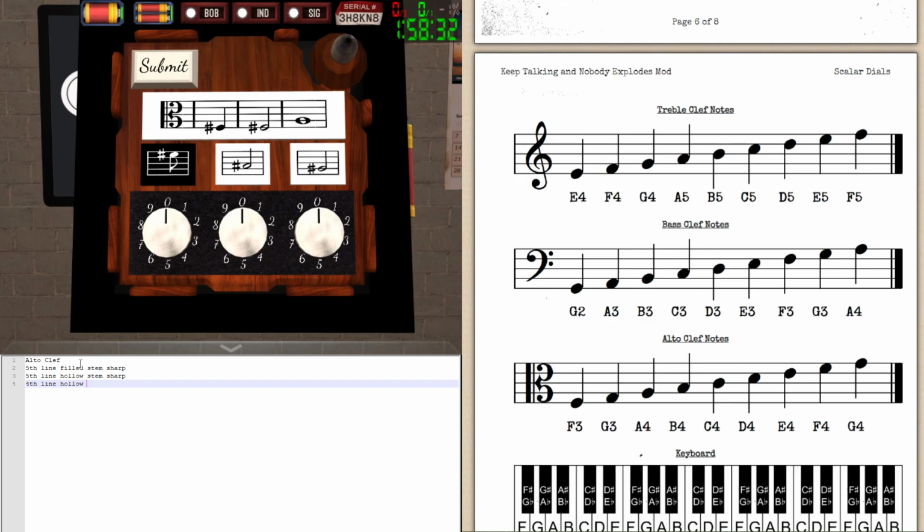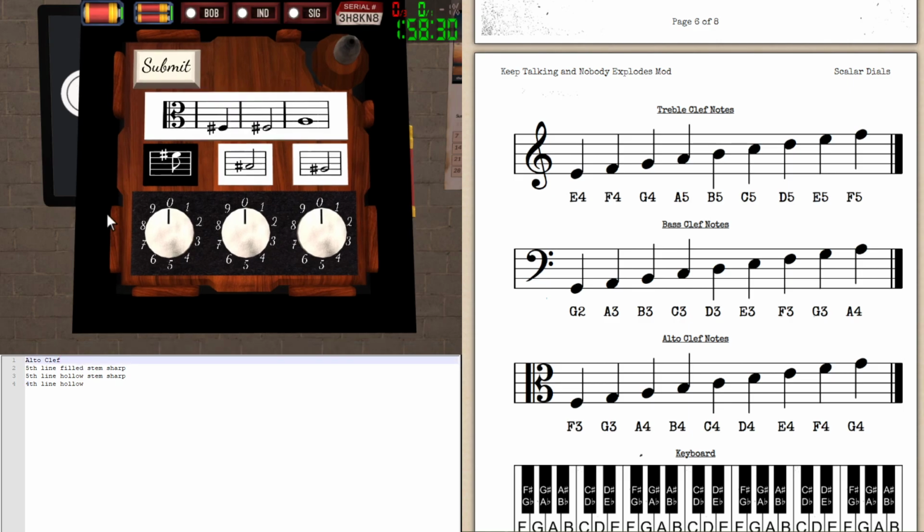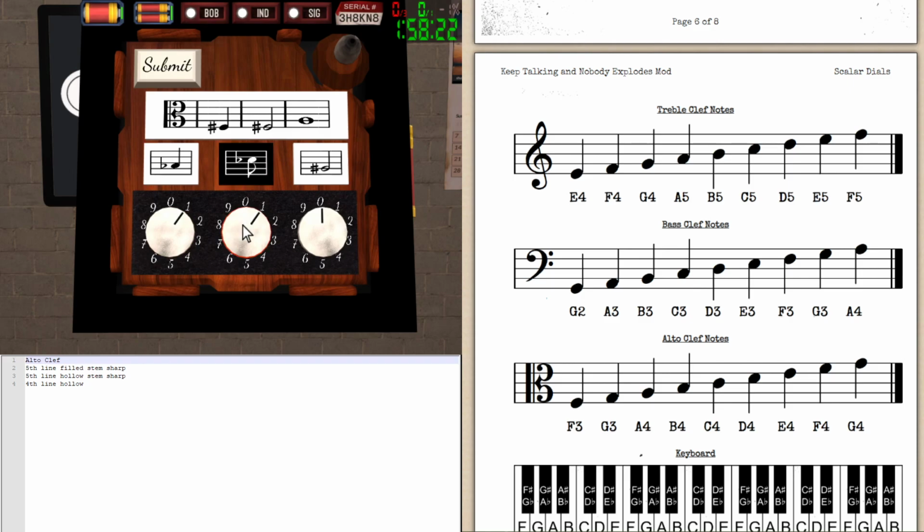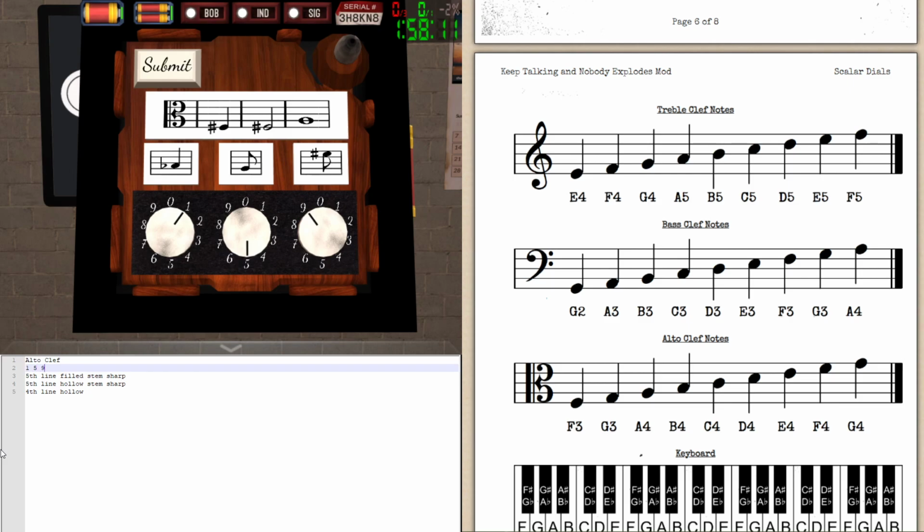And then the next thing I need to do is set these dials over here to the lowest tone, 1. So I'm going to tell my expert 159 is my starting notes, and then finally I have to tell him the time, which is going to be 60 plus 57.